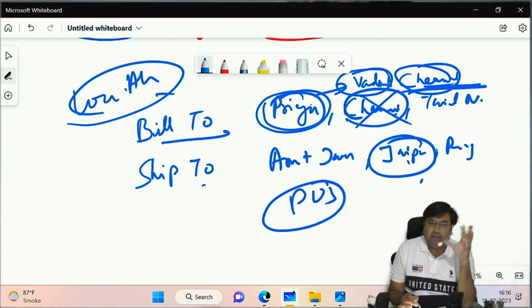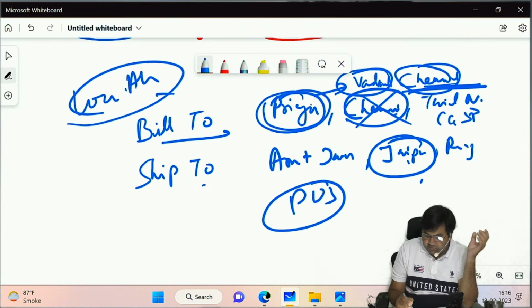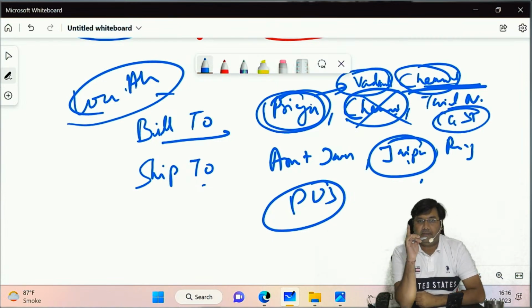Vadodara and Ahmedabad are in the same state, Gujarat. So rather than goods coming to Vadodara, they are directly delivered by Sai Ram to Amit Jain in Jaipur. So CGST and Gujarat SGST is going to be charged. Third person is Priya. On her instruction, the goods have been delivered.